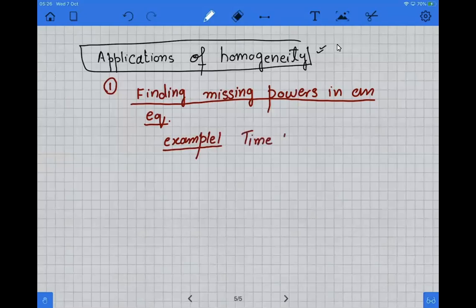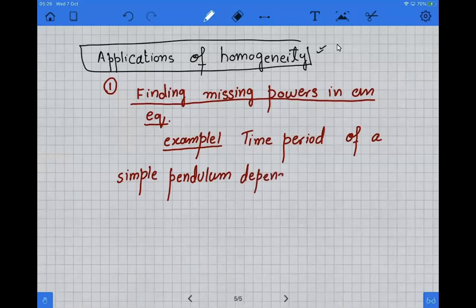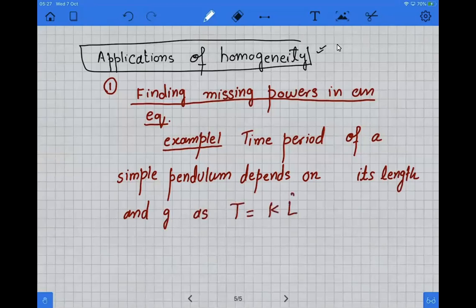time period of a simple pendulum depends on its length and acceleration due to gravity as T is equal to k times L power m, g power n.